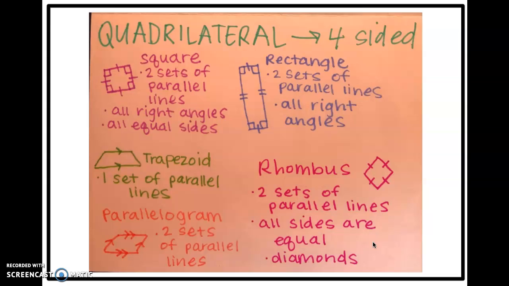These 5 polygons all have 4 sides, and they have a specific name based on their lines or sides and angles. However, they are all quadrilaterals. So when we get to our polygon project, no matter what shape you have on this that categorizes as 4 sides, it will be labeled as a quadrilateral.